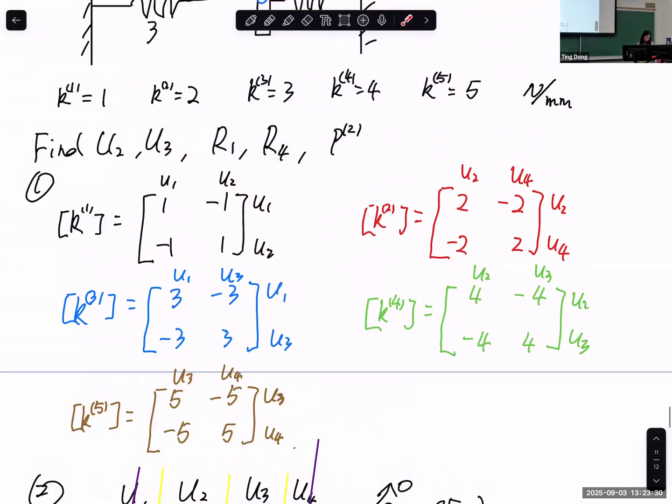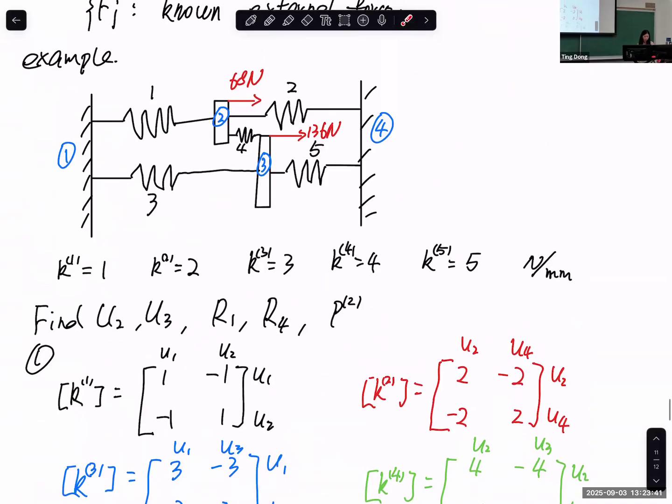Now, the last one, how to calculate the element force of element 2. How to calculate the element force of the second spring element. Of course, I'm just using element 2 as an example here. You can use this same method to calculate the element force of any element.